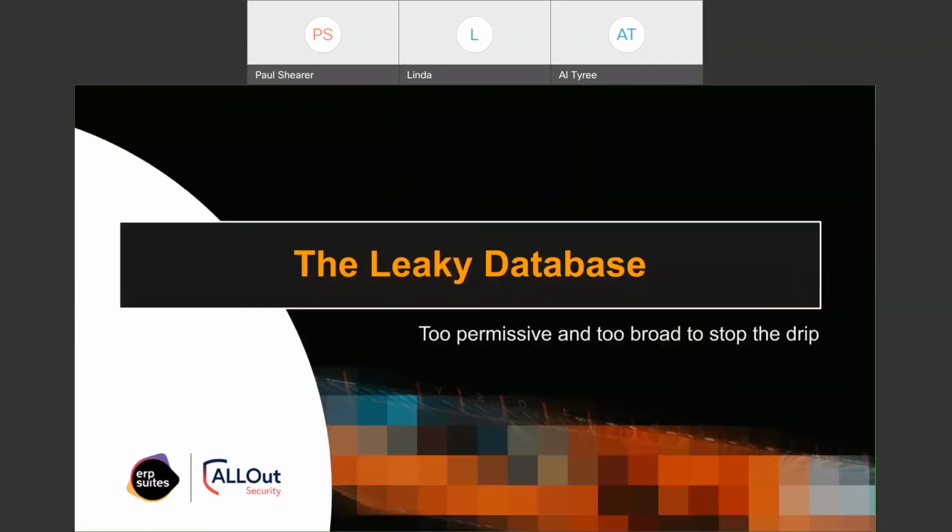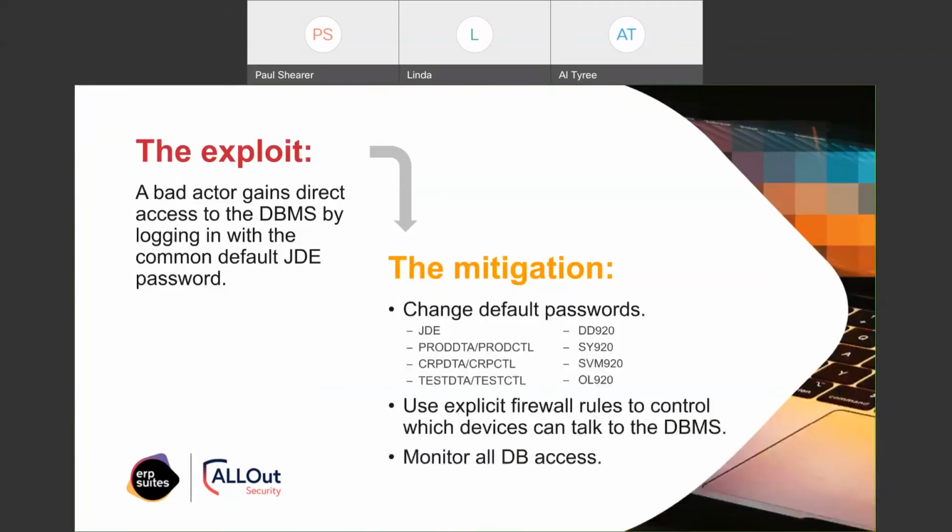So let's talk about the leaky database. This is where permissions are just way too broad, and what you need to do is ratchet that in. We already talked about this password issue before, but JDE is not the only password that you need to be concerned with.